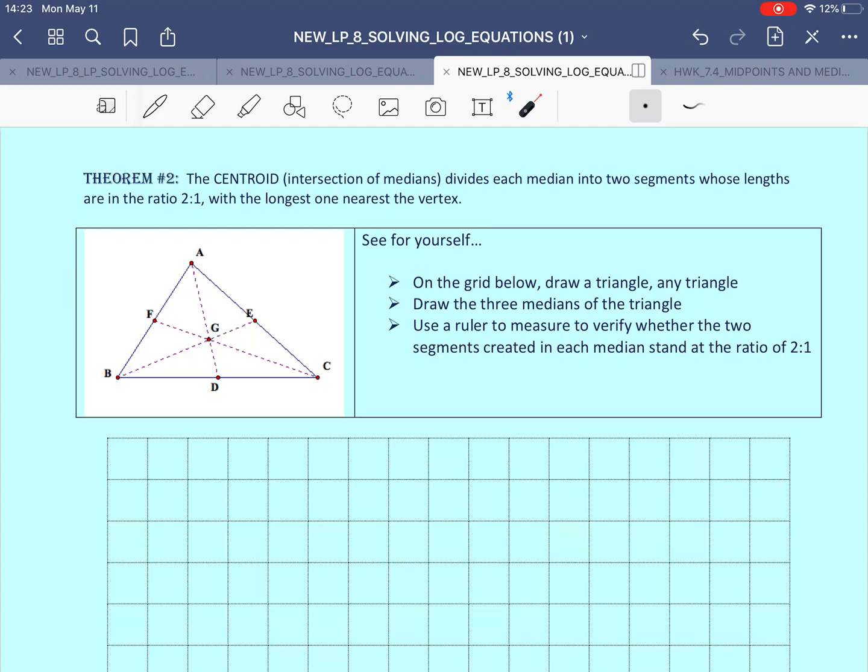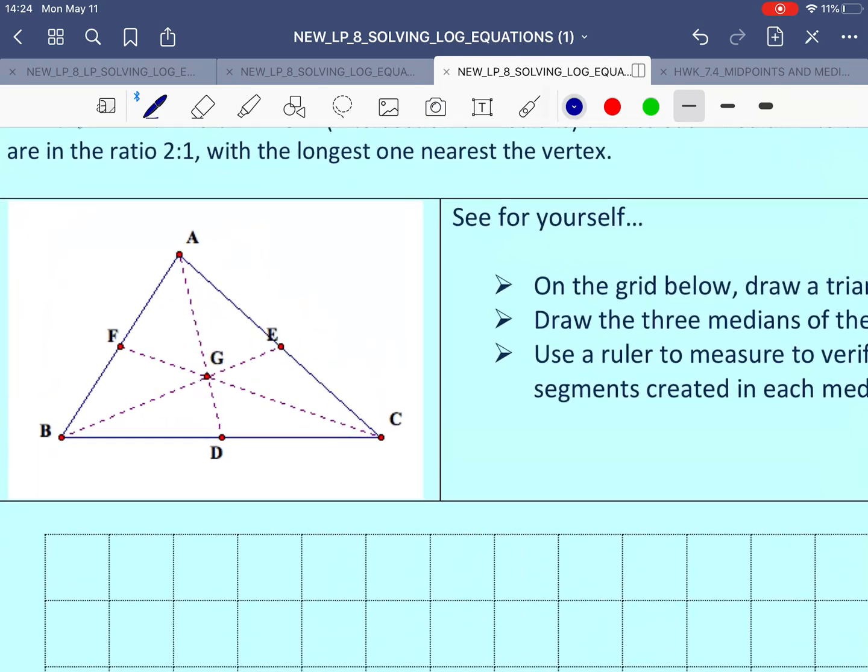Now, the centroid of a triangle divides each median into two segments whose lengths are in a ratio 2:1, with the longest one near the vertex, meaning that AG will be the longer one and it will be twice as long as GD.